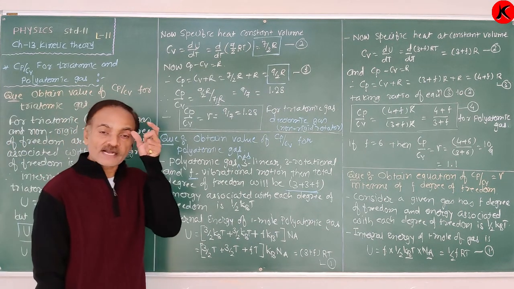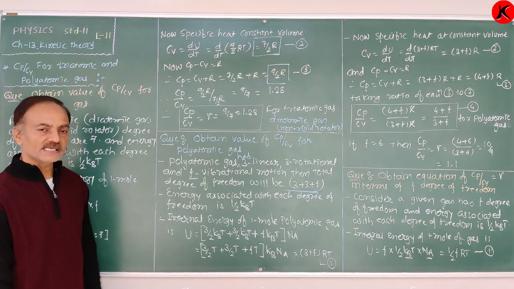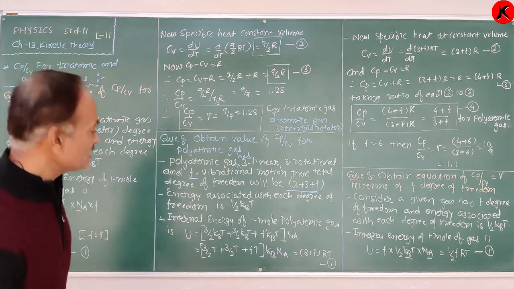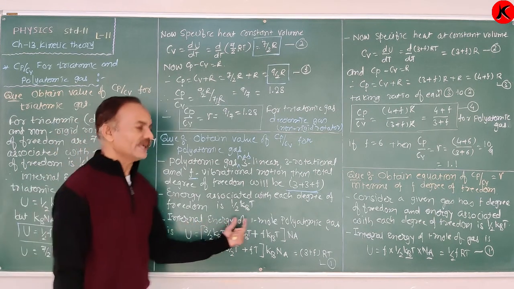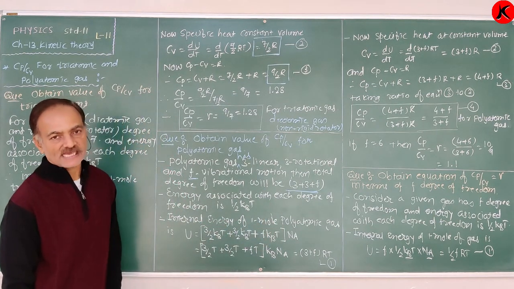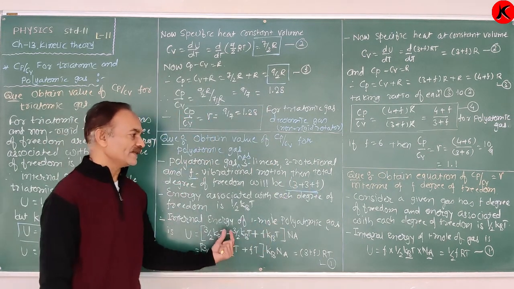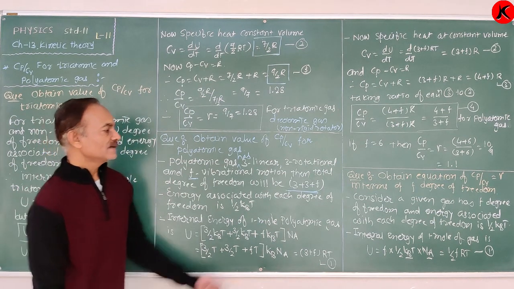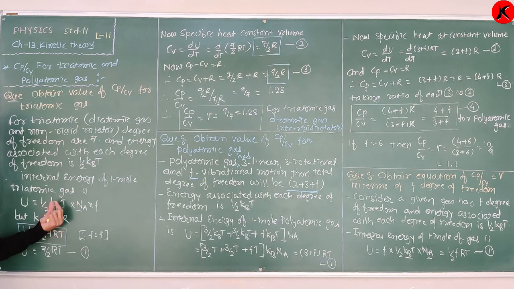Now, from the law of equipartition of energy, the energy associated with each degree of freedom is half kBT. Therefore, the internal energy of 1 mole of polyatomic gas, U, is equal to the number of degrees of freedom into half kBT into NA.